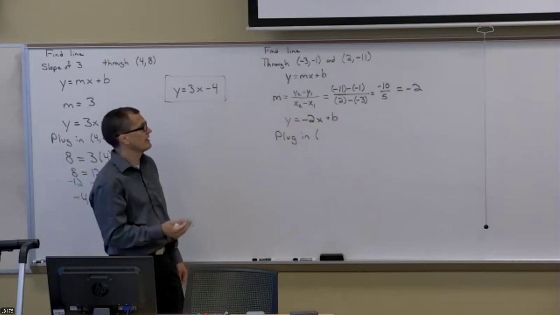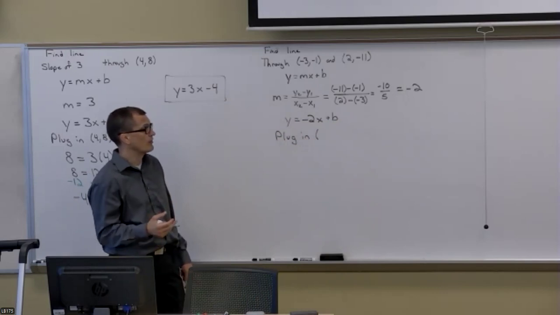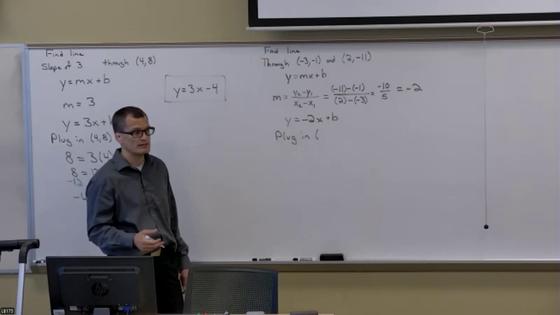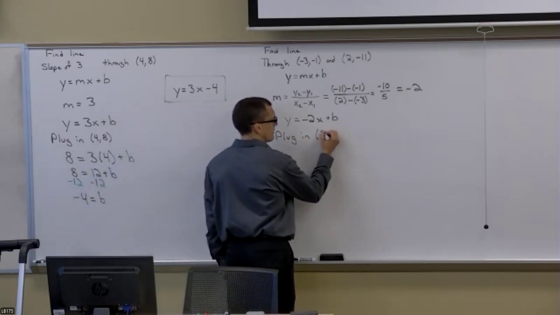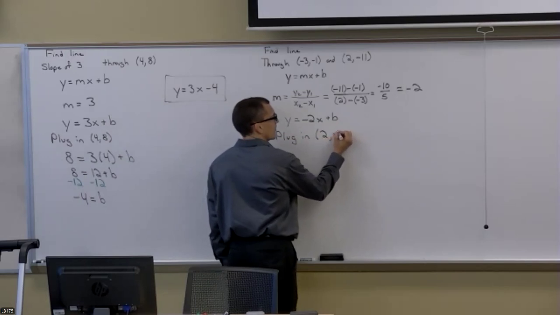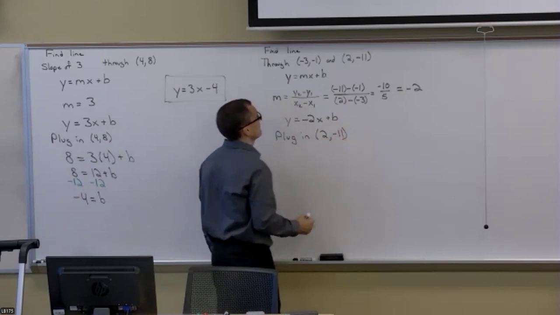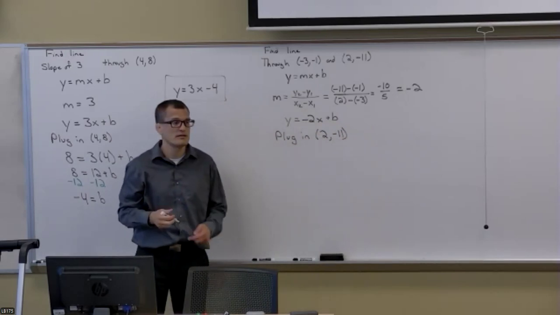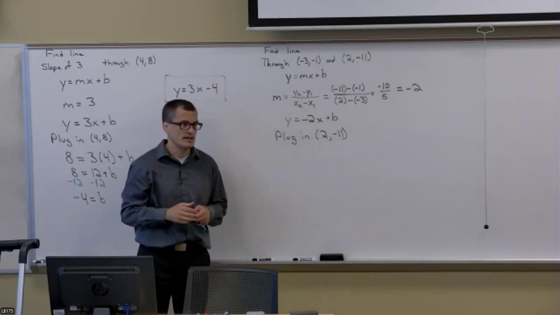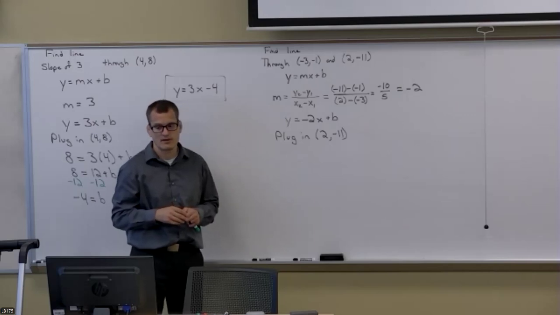You can plug in (-3, -1), or (2, -11). I'll choose (2, -11) to write on the board. If you wanted to test this out, you could plug in (-3, -1) and see that you get the same answer as I did. Okay, for b.